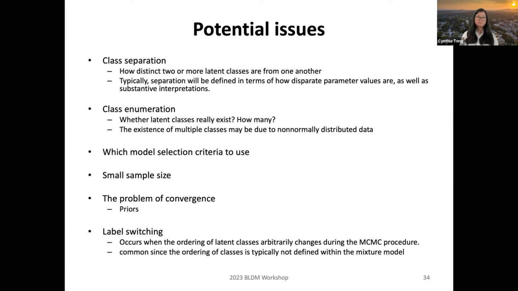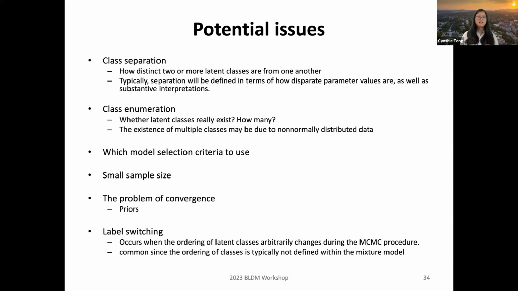conditional likelihood. Okay. And when all these issues of class separation, class enumeration, and the model selection criteria are combined with small samples, then the estimation can become even more complex. And small samples are not just about the overall sample size.